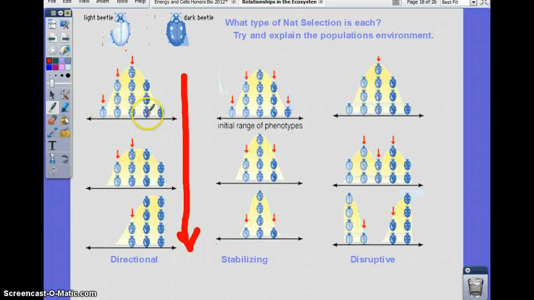So we had light blue, medium, and dark blue. And over time, all that was left was dark blue flowers. So these beetles became a target to their predators, and eventually only one survived. It could also go the other way, which means the light blue beetles would have been the survival. That still describes directional selection.